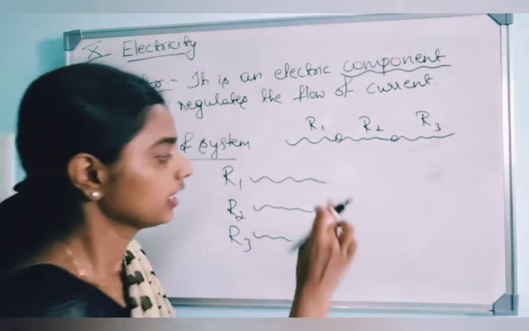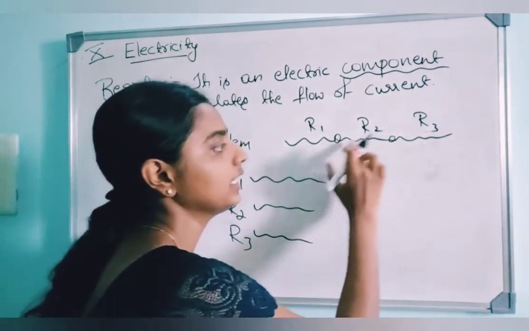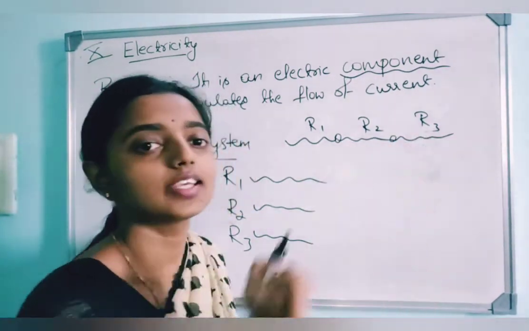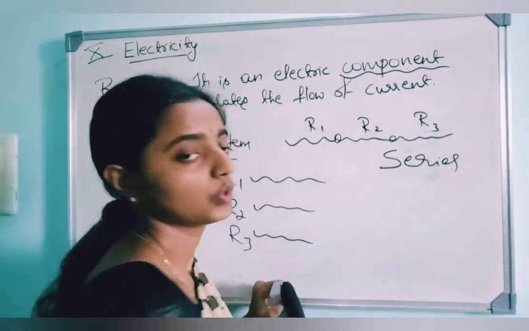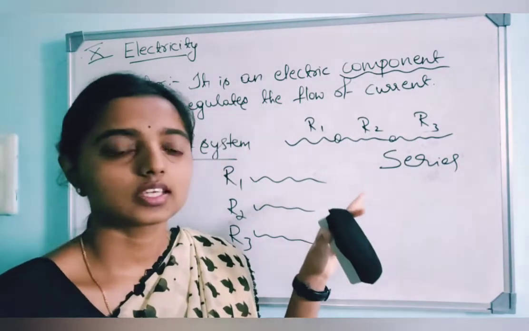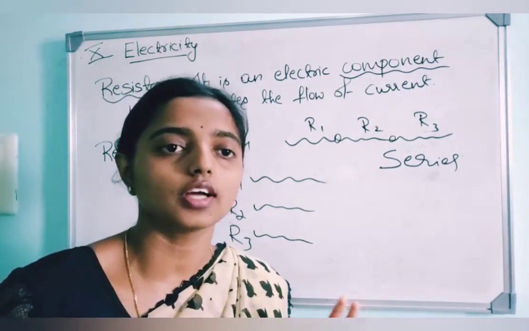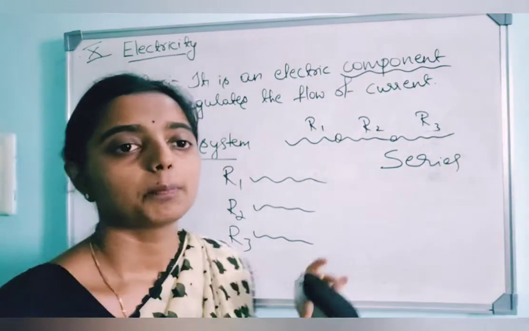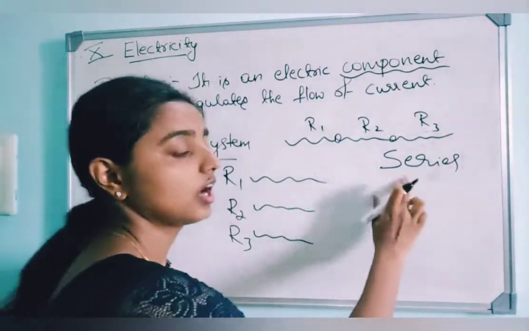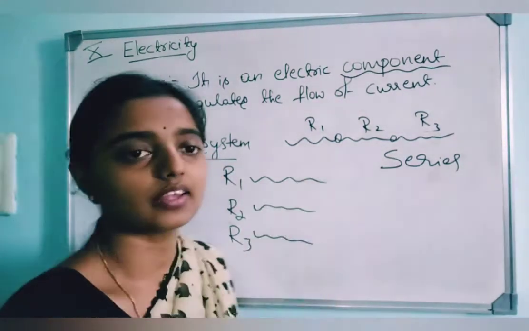Now listen, if the resistors are connected end by end, then it is called series. Clear? You need to know. You will get a question where they give a description, and based on that you need to draw the circuit diagram, which I will do after completing parallel also. Okay, so everyone understood how the series connection takes place in electrical gadgets.